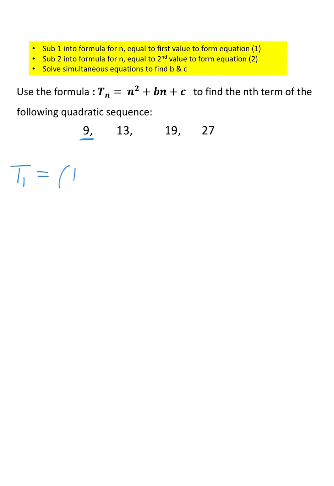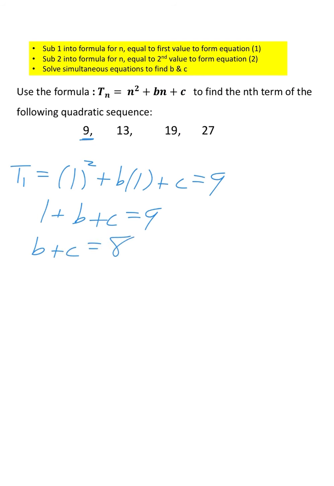So replacing n, we'll have 1 squared plus b times 1 plus c equals 9. So 1 squared is 1, b times 1 is b, plus c equals 9. So then b plus c equals 8, because bringing the 1 across, 9 minus 1 is 8. So that is our first equation.